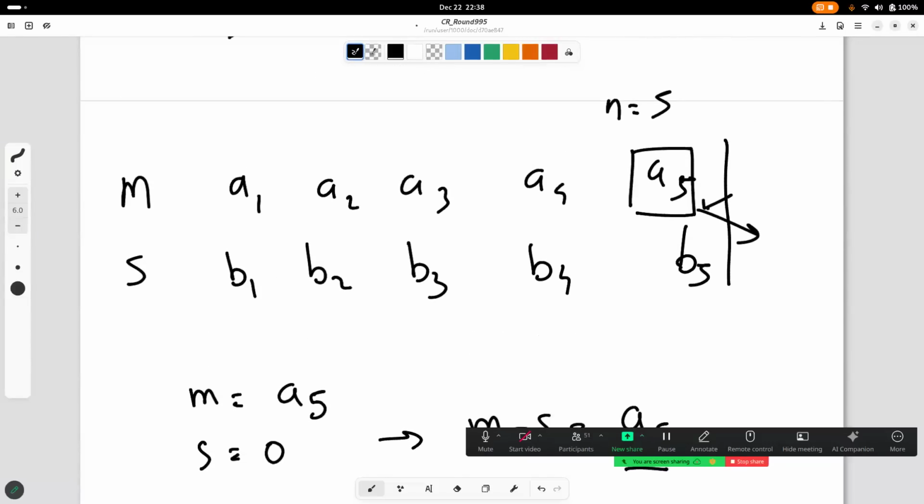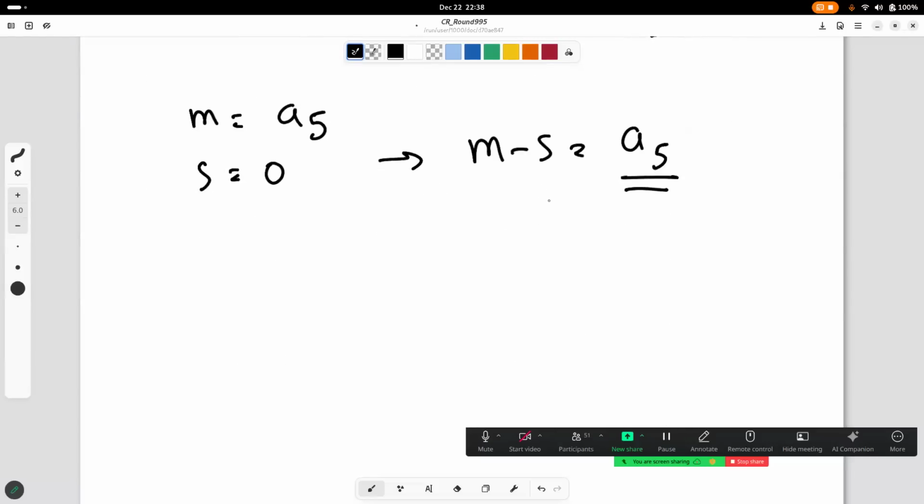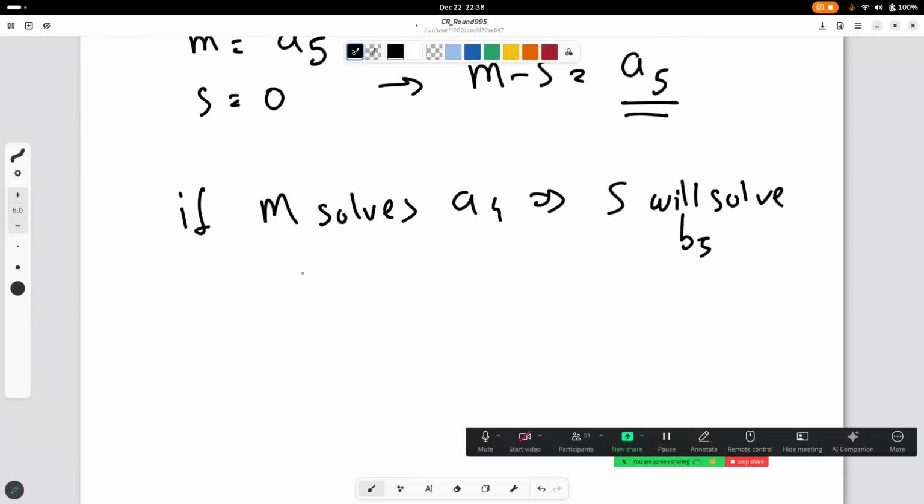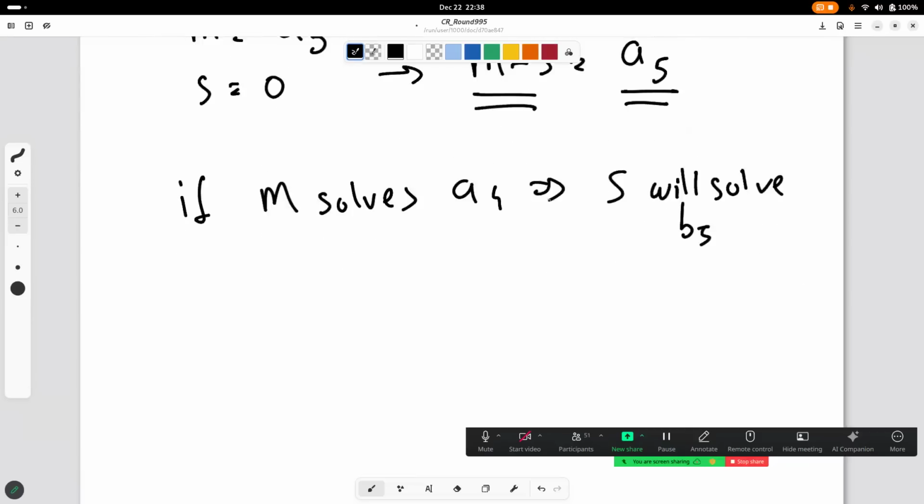Now for each of these problems, notice that if M decides to solve problem A4, then S will decide to solve the problem B5. So basically, if M solves A4, then S will solve B5. What will this contribute to our difference M minus S?